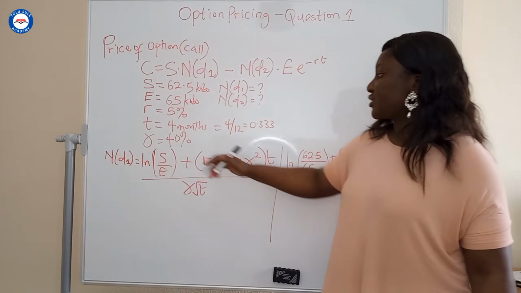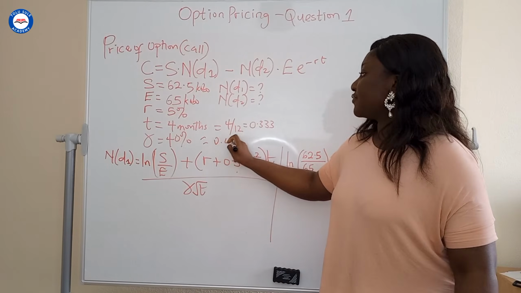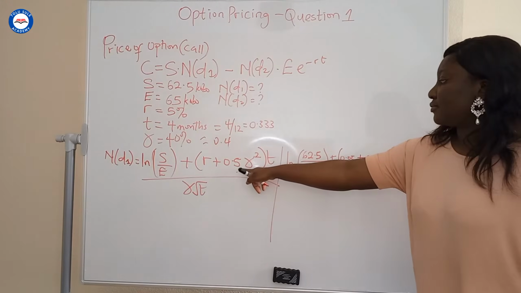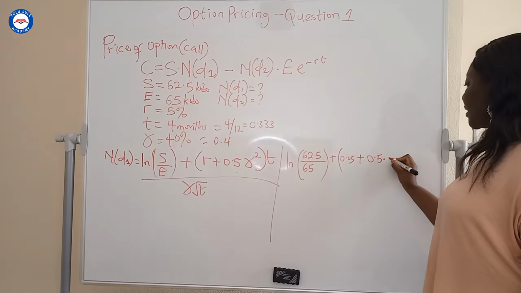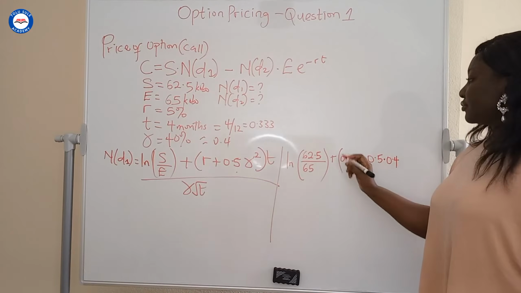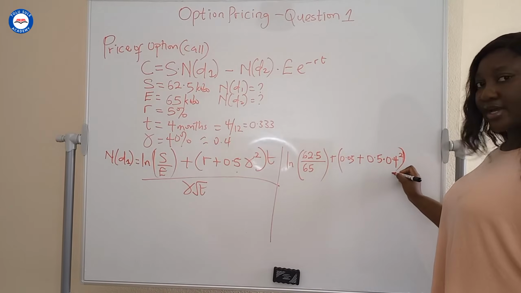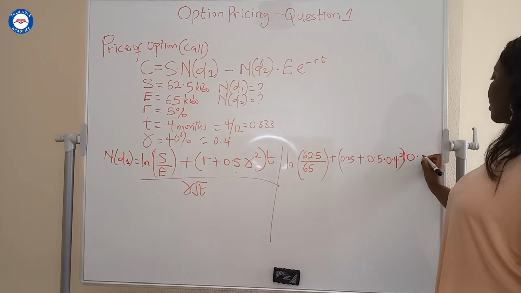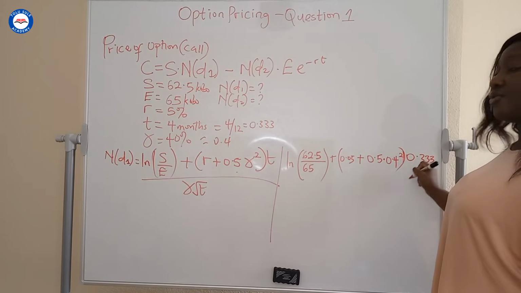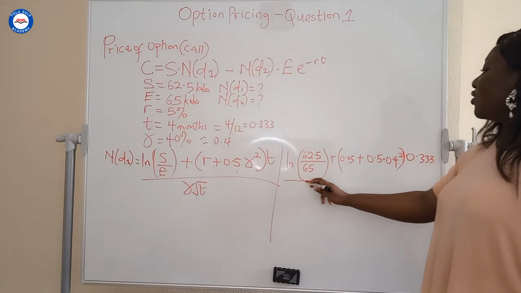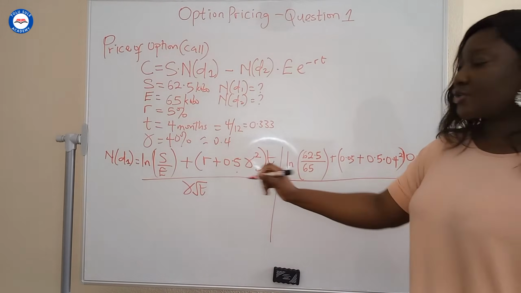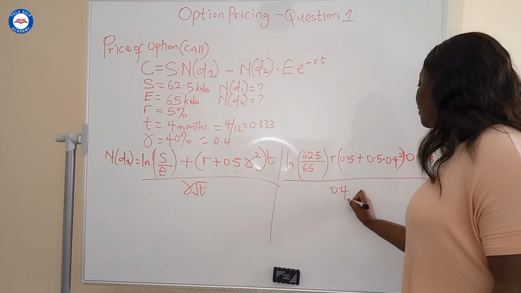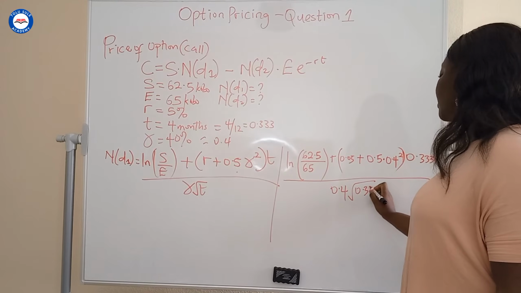The risk, 40%. That is 0.4, right? See, we are following this formula. Multiplied by 0.4 raised to power 2. Close bracket. T. T is 0.333, or just say 4/12 to make it easier. All over standard deviation 0.4 root T.